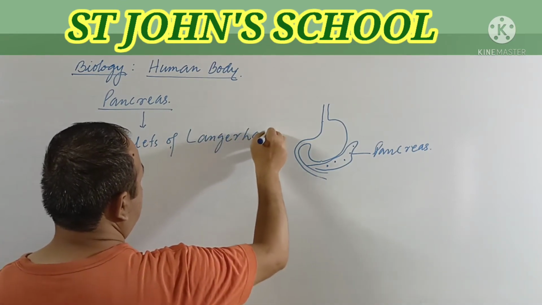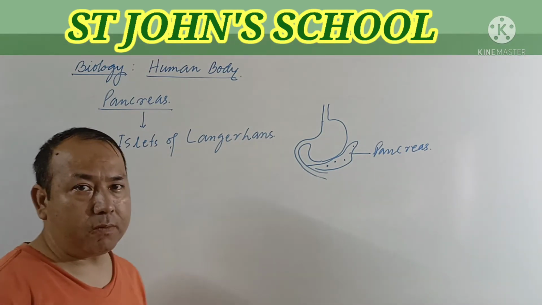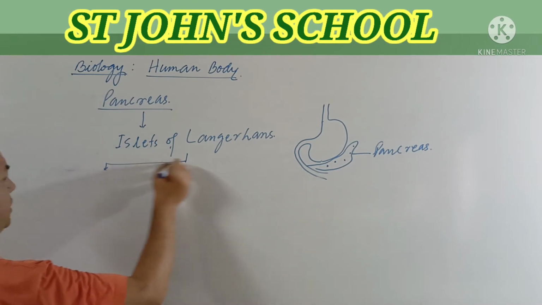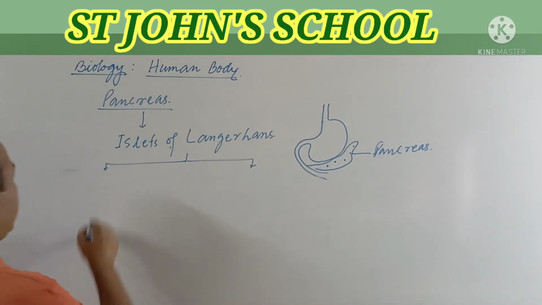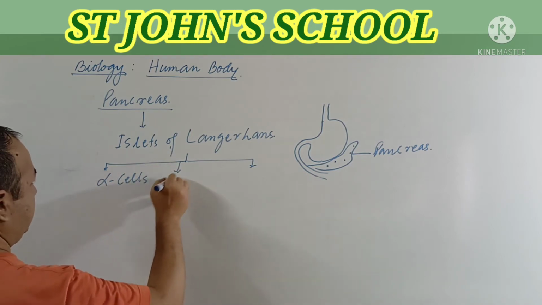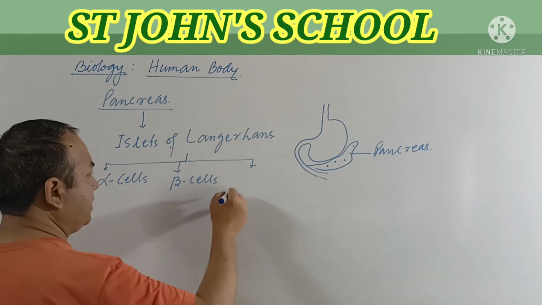Langerhans. Okay. Special type of cells called islets of Langerhans. These islets of Langerhans are of three main types: alpha cells, beta cells, and delta cells.